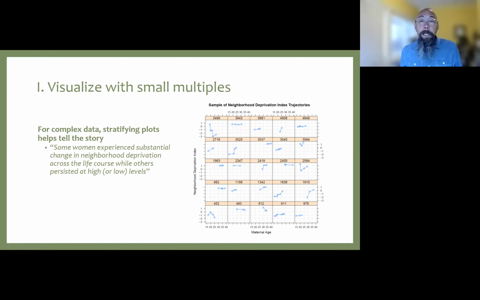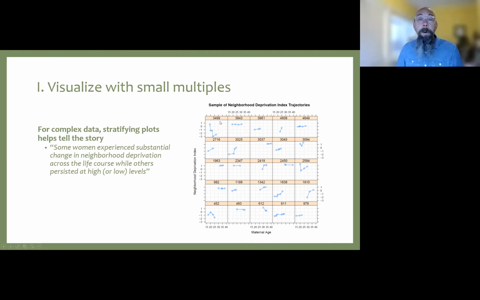So here's the key thing about small multiples: it lets us take complex data. If I were to try and plot all of these women's lines on top of each other, it would just be a jumble. It takes complex data and lets us see them all with consistent axes and scales so that I can easily see across. So we could imagine doing this if you had a data series that had an X and a Y. It could be dot plots, it could be bar plots, it could be pie charts, it could be many things.